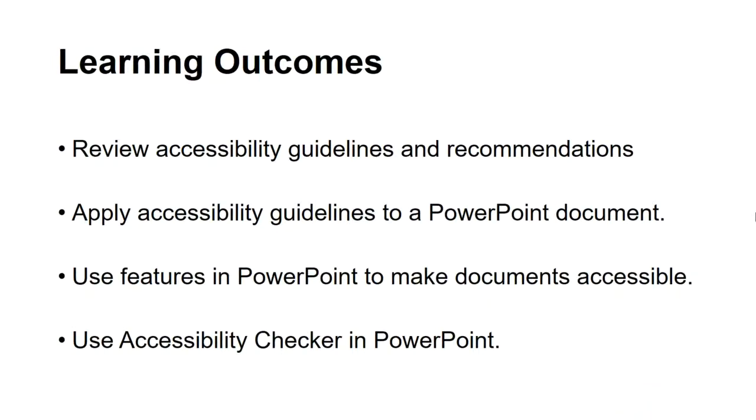So the learning outcomes for this presentation: we're going to review accessibility guidelines and recommendations. We're going to apply accessibility guidelines to a PowerPoint document. We're going to use features in PowerPoint to make documents accessible. And we're going to use what PowerPoint calls the accessibility checker. PowerPoint and Word both have accessibility checkers in them, so I'll show you how to do that.